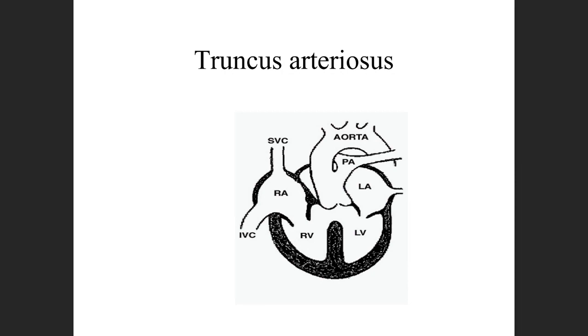And in this illustration, we see that there is a ventricular septal defect which allows blood to flow both from the right ventricle and the left ventricle into a common trunk from which will arise the aorta and the pulmonary artery.